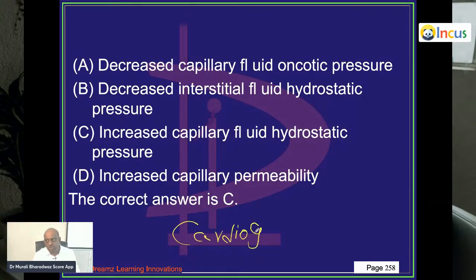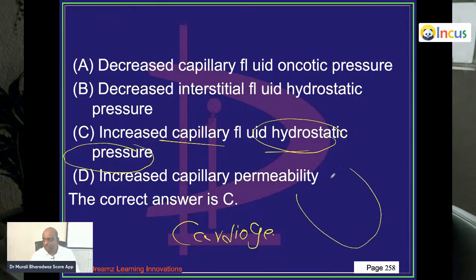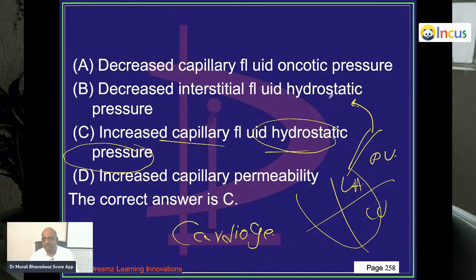If it is a cardiogenic pulmonary edema, capillary hydrostatic pressure is high. In cardiogenic pulmonary edema, whenever the left ventricle fails, left atrium pressure is high. What is draining into the left atrium, doctor? Pulmonary vein. Pulmonary vein is arising from pulmonary capillaries.